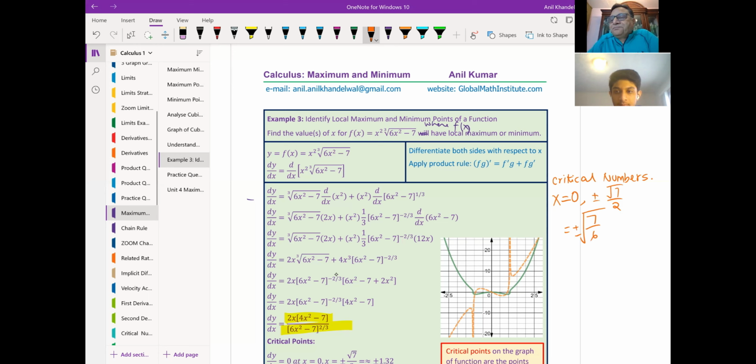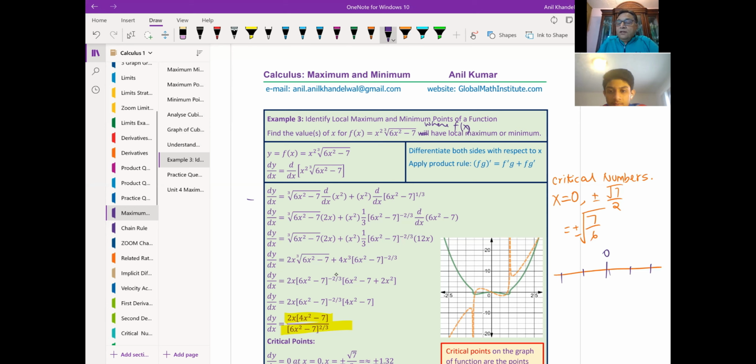You get the idea? These are all your critical numbers. And this is what you have to do as homework. All these critical numbers, you have to arrange them in a table, right? So you have 0, and then plus and minus square root of 7 over 4, and then you have the other.